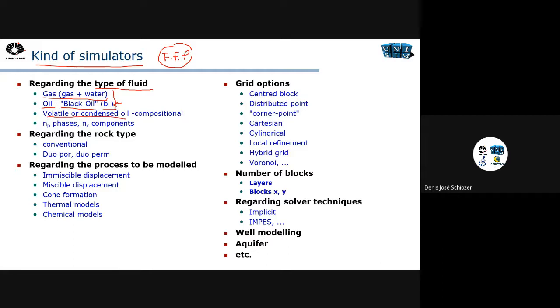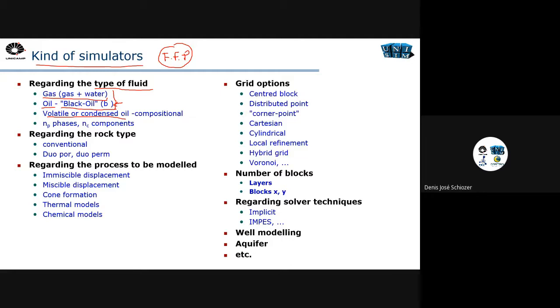Sometimes we have a very light oil and light components of the oil. I don't know how much you understand at this point about thermodynamics, but we are not going very deep into thermodynamics. But if we change the pressure in the reservoir and we have a petroleum that has a lot of components, and some of these components are light and others are heavy, we are going to change the phase in the reservoir.